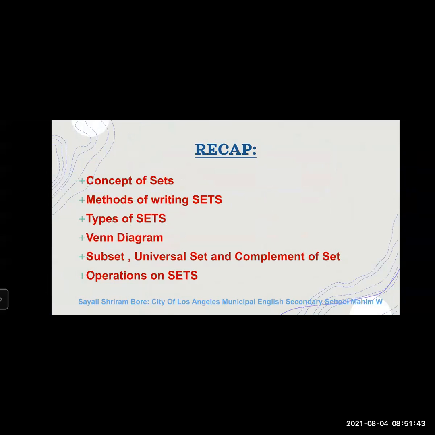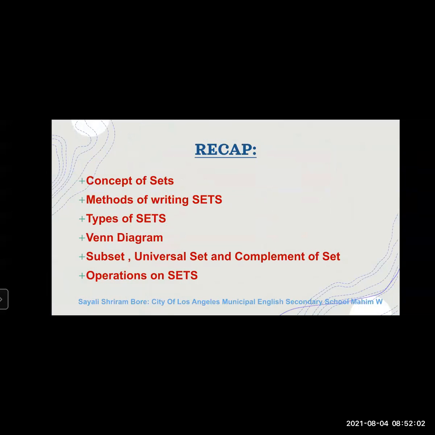Now, before going to the last topic, because this last topic will be a sum up. There will be one formula, and as usual, word problems. And these word problems have a weightage of 4 marks.